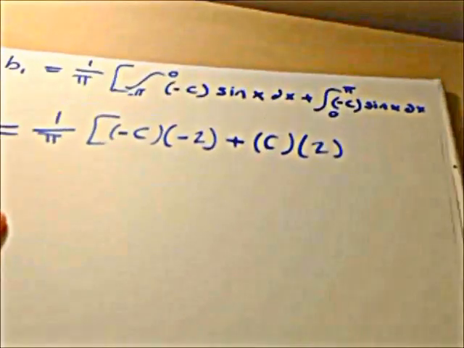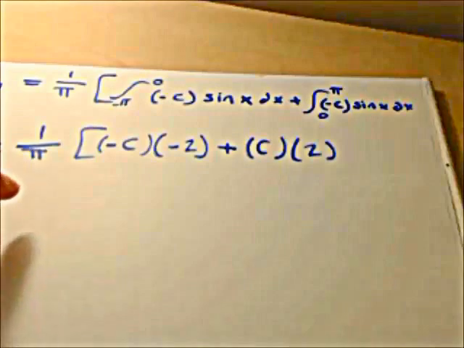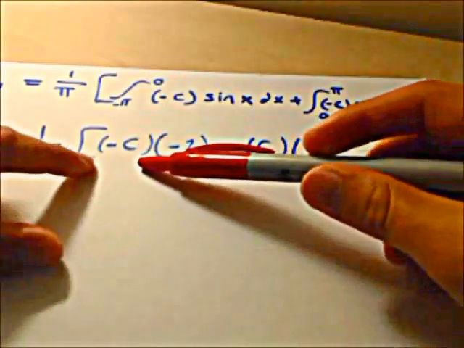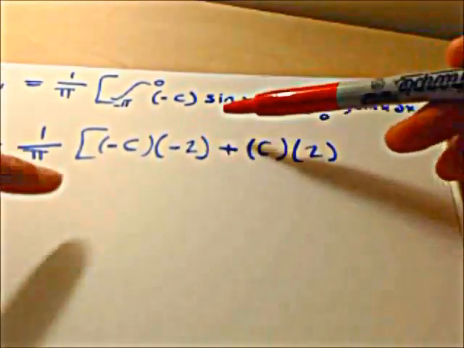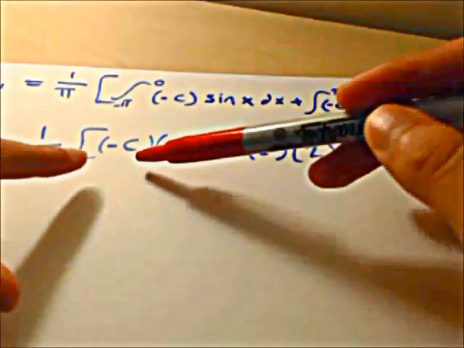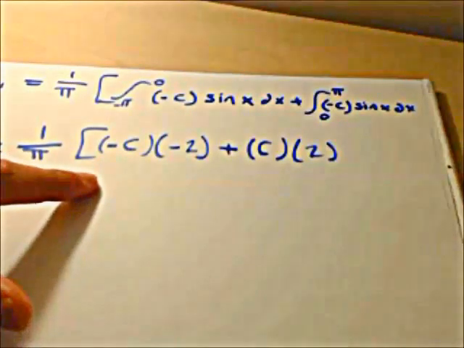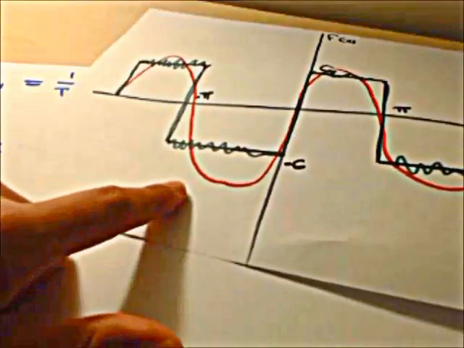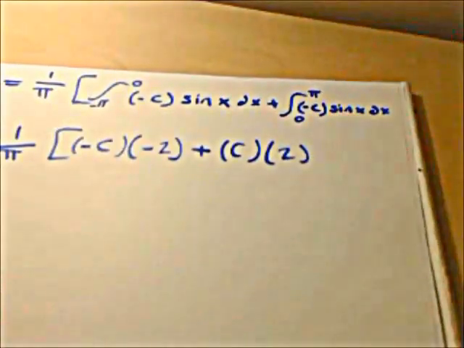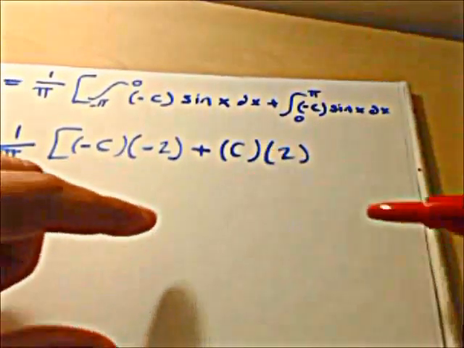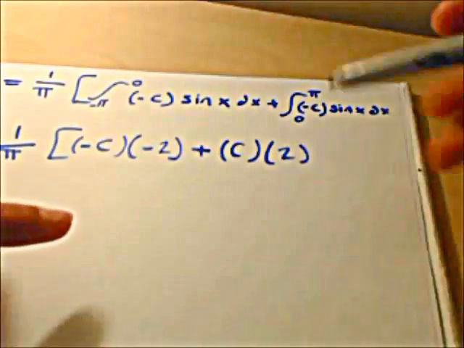Alright, if we integrate this definite integral, we would get minus c times sine x here, and if we integrate this bit, we get minus c times minus 2, right? Because it's below the x-axis, this bit. Same thing for here, if we apply the definite integral, we get plus c times 2, because it's above the x-axis.